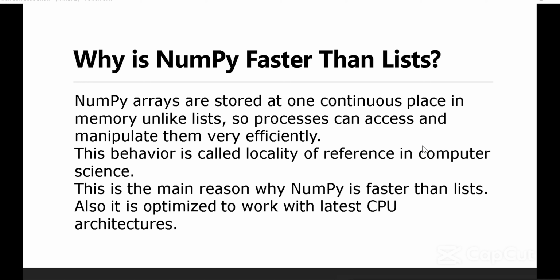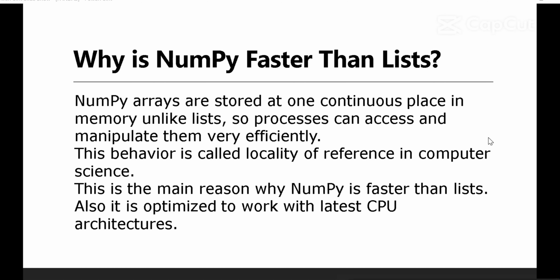Why is NumPy faster than lists? Unlike lists, NumPy arrays are stored at one continuous place in memory, so processes can access and manipulate them very efficiently. This behavior is called locality of reference in computer science.